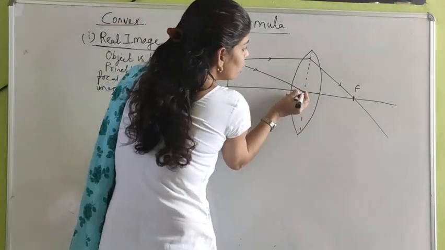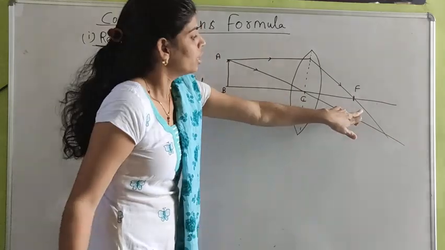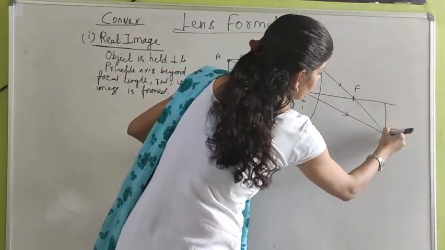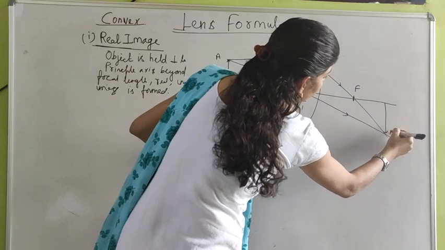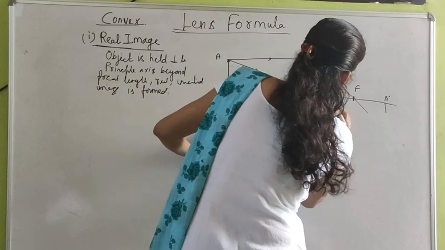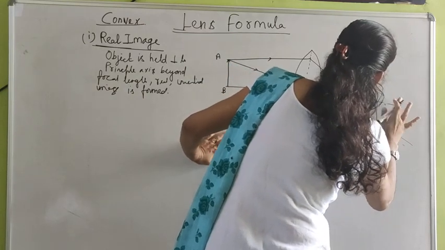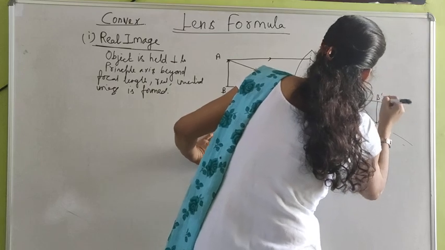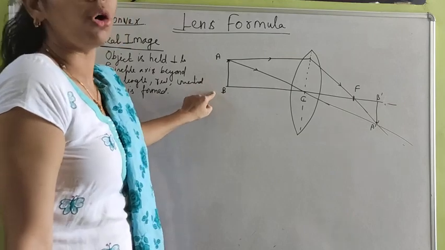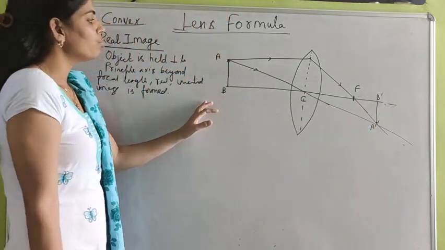That means it will go straight and cut this refracted ray at this point, and here the image A dash B dash, a real and inverted image of this AB object, will be formed. So we will derive our lens formula now.